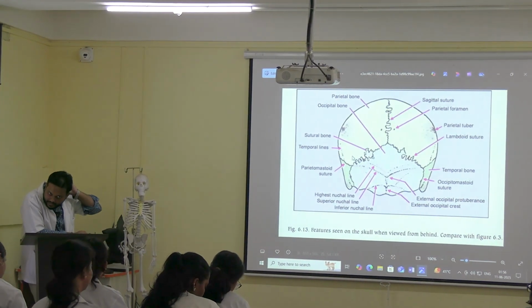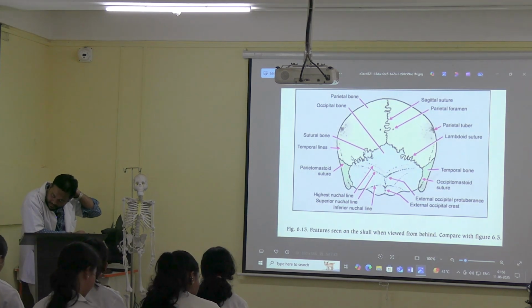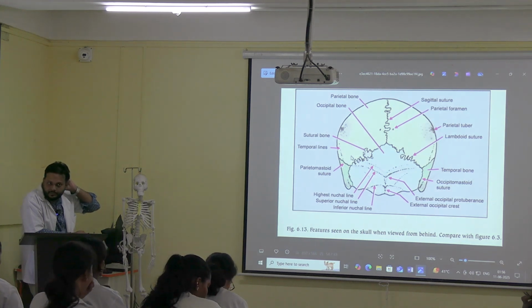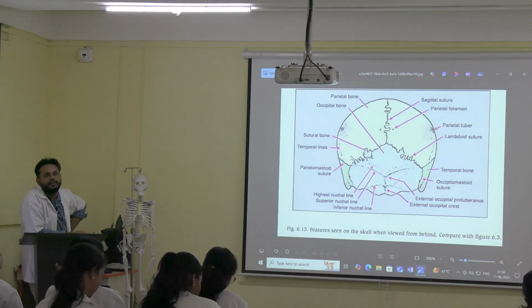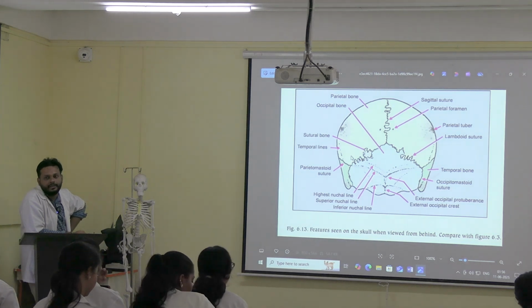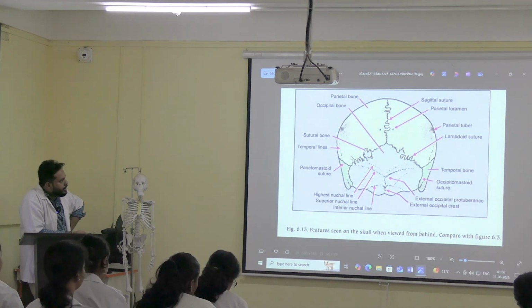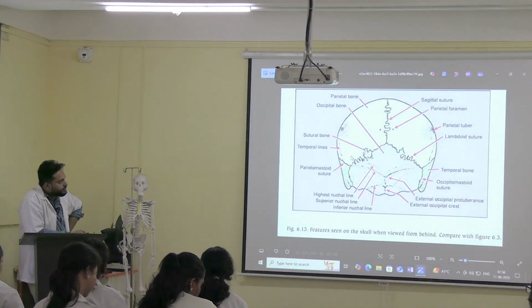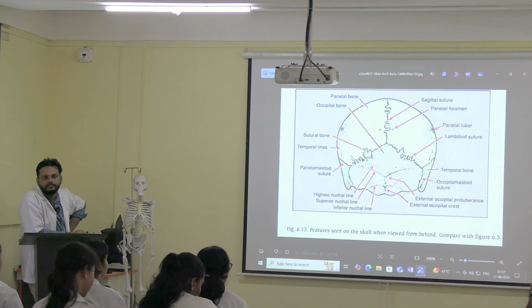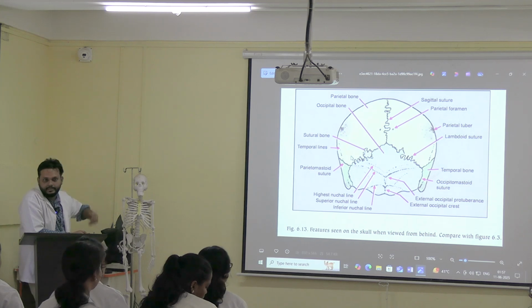Whenever you palpate your head, this comes in surface marking. Look, when you feel towards the back, there is some swelling-like thing. That is the external occipital protuberance. Okay. This is the mastoid. Which muscle attaches to the mastoid? Which muscle attaches here? Sternocleidomastoid, you have heard of it, right? It comes from the sternum and clavicle and attaches to the mastoid.